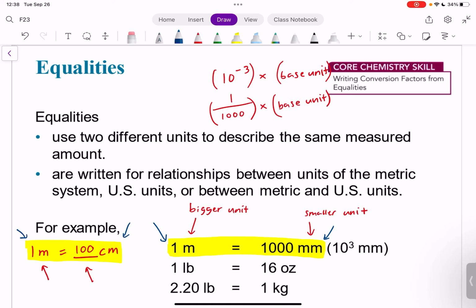Or you can use them to convert between an imperial unit and another imperial unit, or a US unit, or you can use them to convert from imperial to metric. You can have these equalities for anything. What do these equalities mean? They just set two different units equal to each other, and they're describing the same amount. It's like a dozen equals 12 of something.